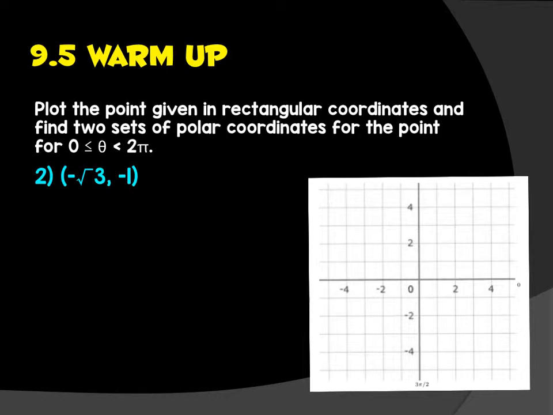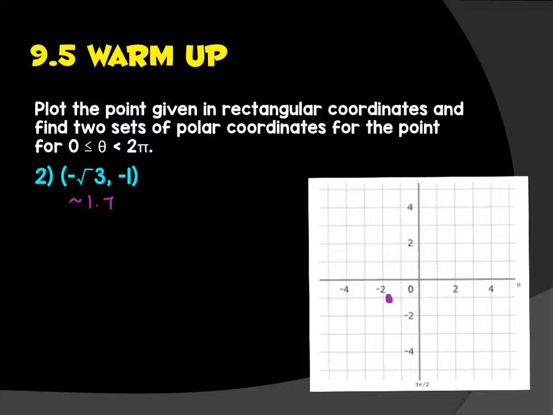I'm going to approximate square root 3. It's in between square root 1 and square root 4. So it's in between 1 and 2, closer to 2. So let's just say this is like a 1.7, 1.8. Okay, so negative 1.7 and negative 1 would be here. So the first thing that tells me is that when I look at my answer at the end, and I'm looking for the polar points, that should be in the third quadrant.